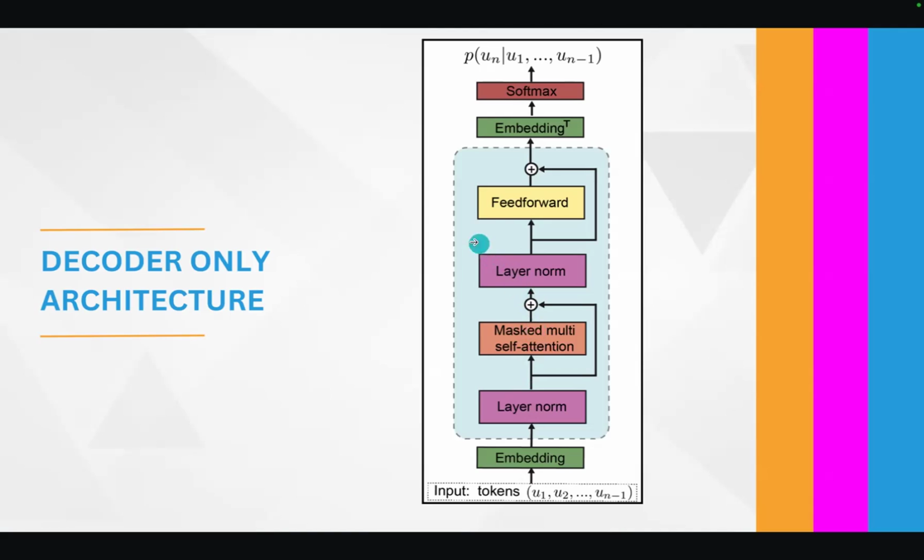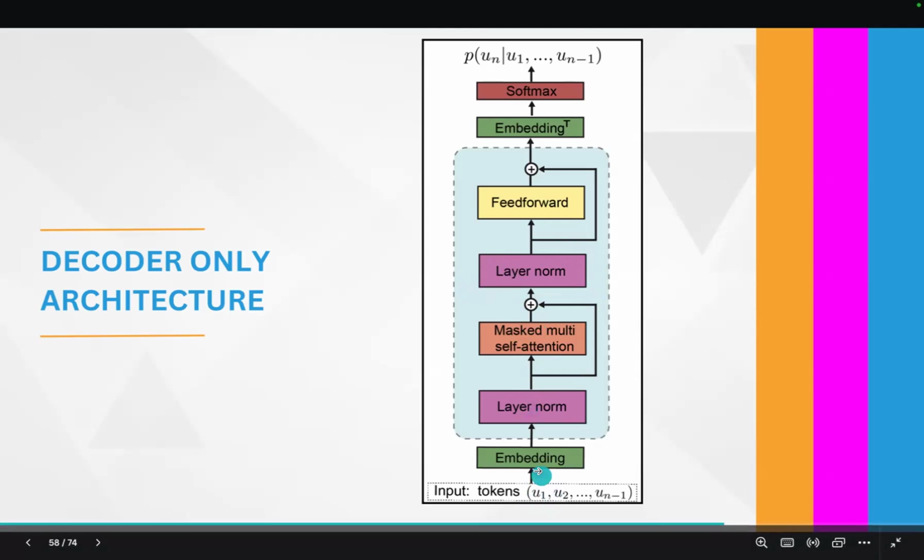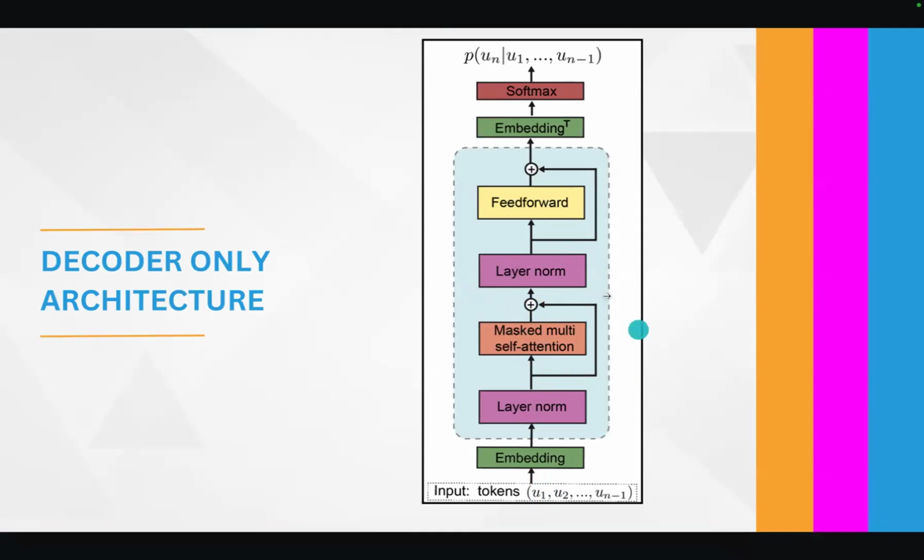And you can see there are layer normalizations here and here. Somebody also asked what layer normalization means. A layer normalization is required because the values may be in a different range, and over here the output from the masked multi-head attention and the original input are being added together. If all of these values just get added up and multiplied, it might be a huge value, or it might go to random values.